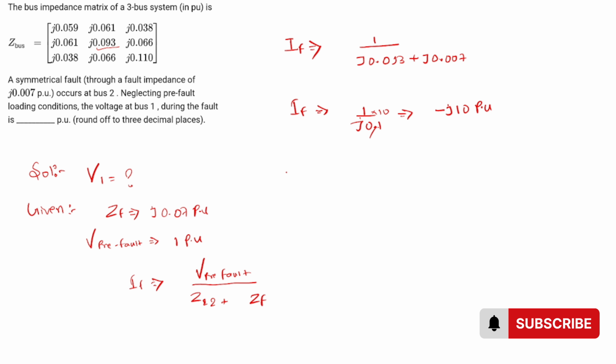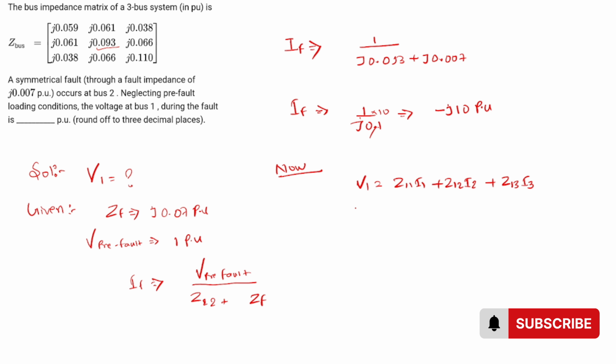Now the question asks what is the voltage at V1. So V1 is equal to Z11 I1 plus Z12 I2 plus Z13 I3.